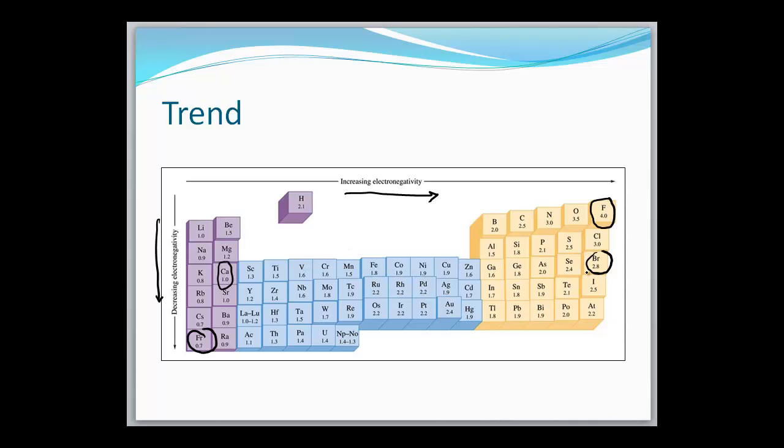It's further to the right. Since the trend is increasing, bromine has a higher electronegativity than calcium. So you should be able to tell which atom has a greater electronegativity just by looking at the periodic table.